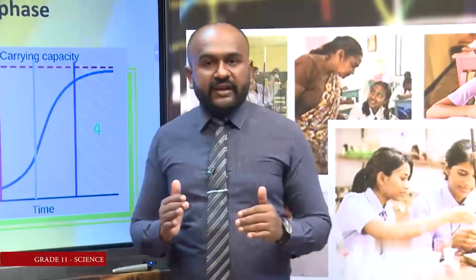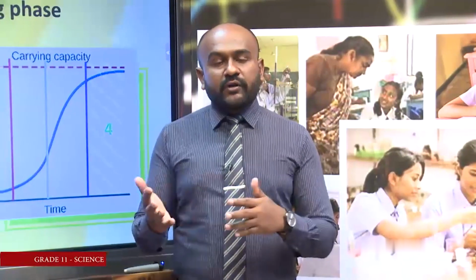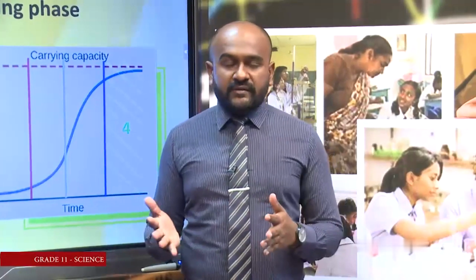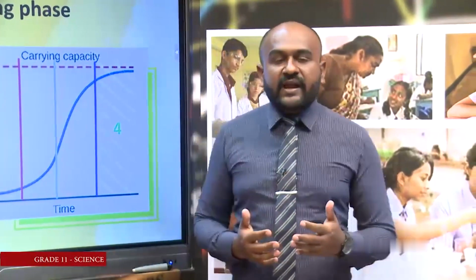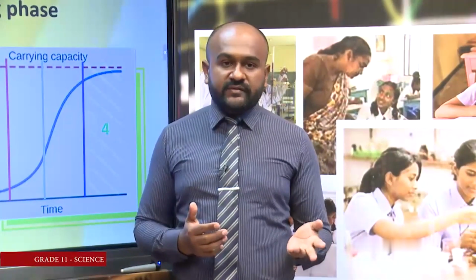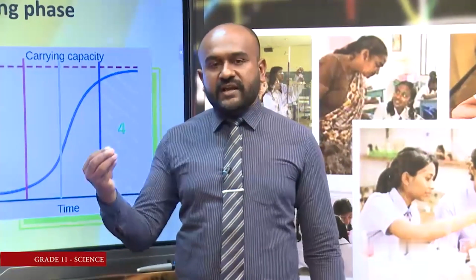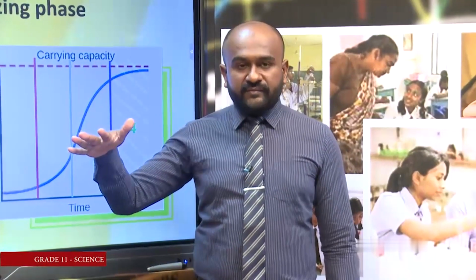Because when you get a particular environment, maybe a forest, or a pond, or a wooden log which is decaying, all these are environments. So, there is a particular number of organisms that it can support, because it has limited resources. So, now the particular population has reached the carrying capacity of the environment, and the number stays constant.